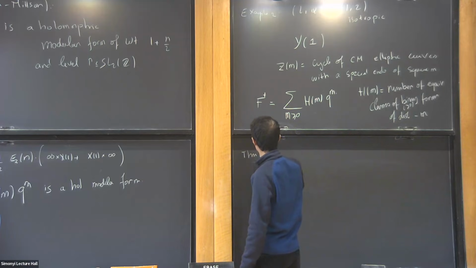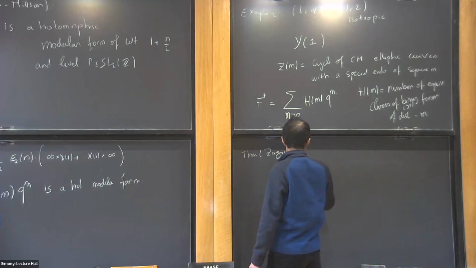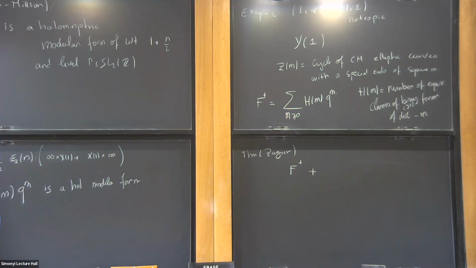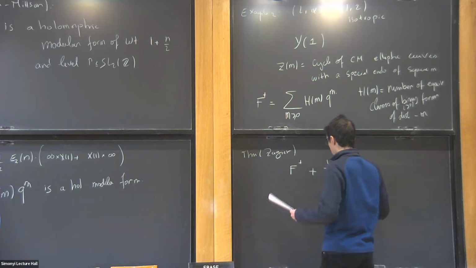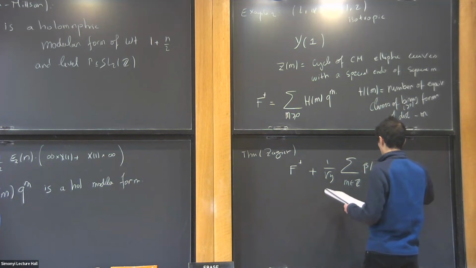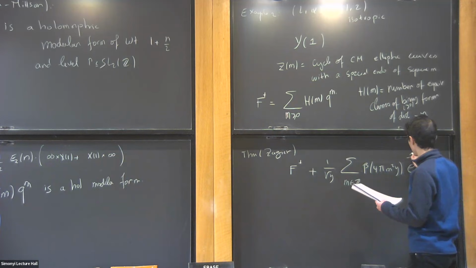But what Zagier proved is that it has a particularly nice expression by completion by a non-holomorphic part. Let me just write the expression of the non-holomorphic part. It's 1 over the square root of y times the sum over all the integers m in Z of beta of 4 pi m squared y times exponential of minus 2 pi m squared tau.